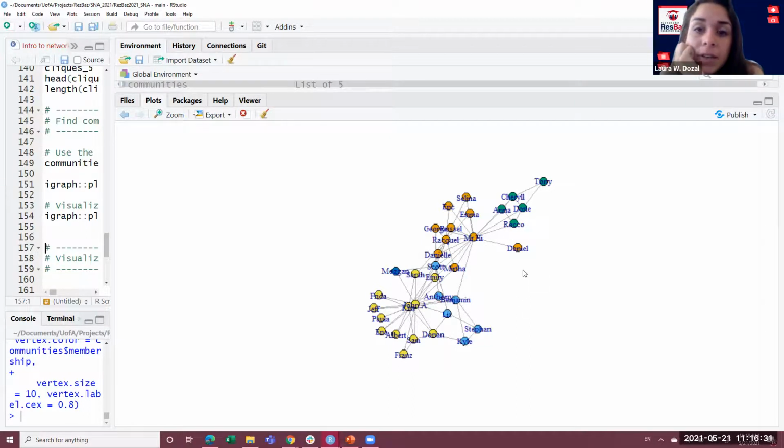What's interesting is Daniel is not their own community, kind of like Megan here, but I think it's because Daniel doesn't have a high betweenness, because you don't need to go through Daniel to get to anywhere else. With Megan, a lot of these nodes need to go through Megan, or their options to go to the other part of the network are slim, and Megan is one of the main options to go from one point to the next.